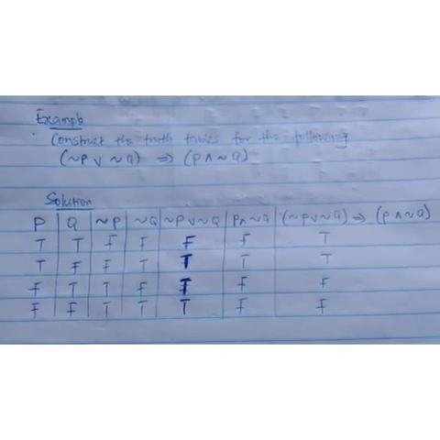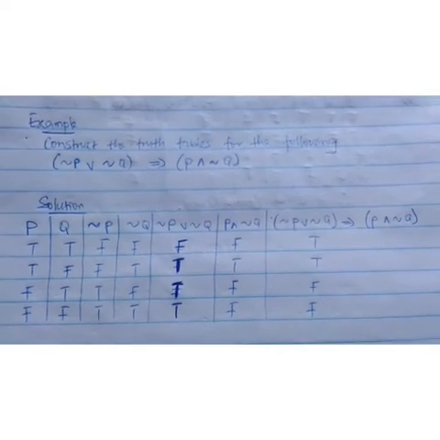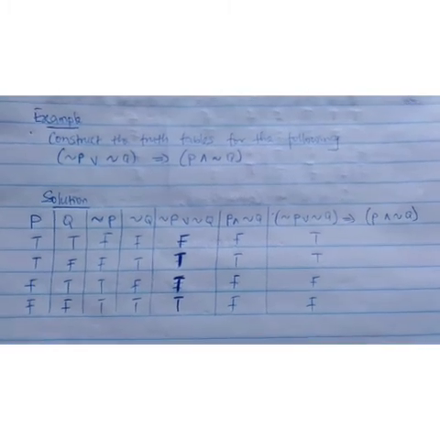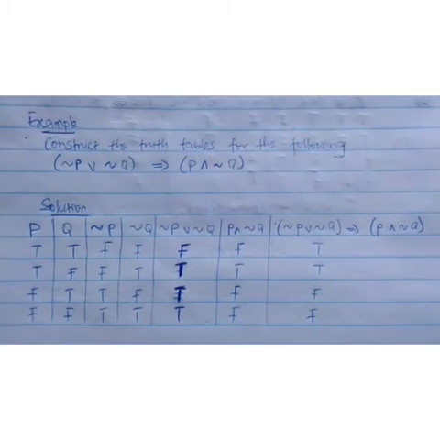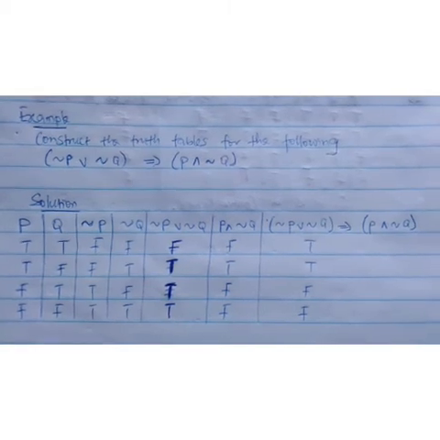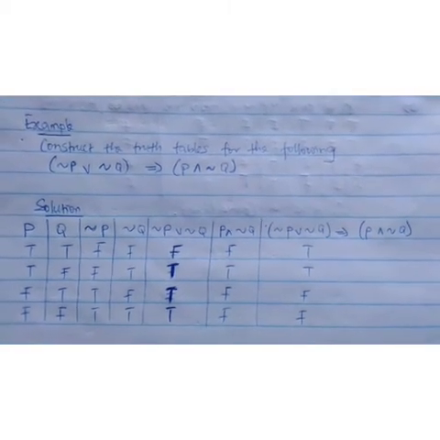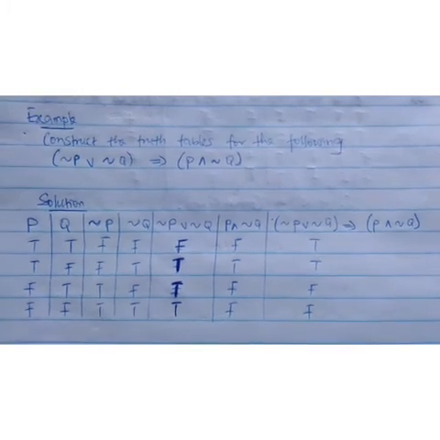Looking at it, we have it as FTFF. Finally, if not P or not Q, then P and not Q implies that the combination will give us false if the first half is true and the second half is false.